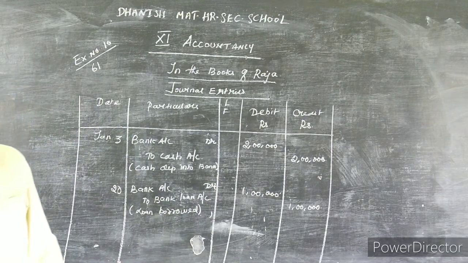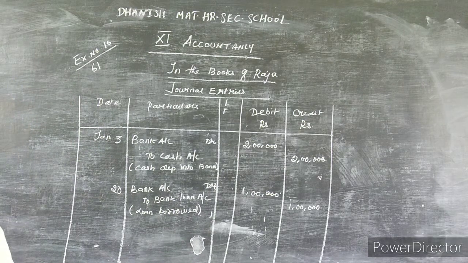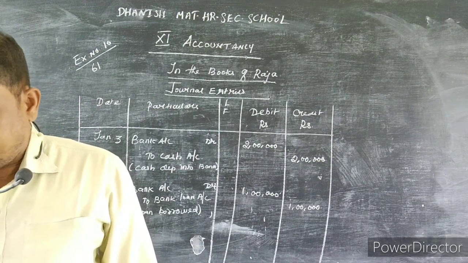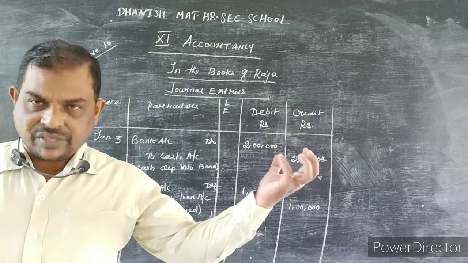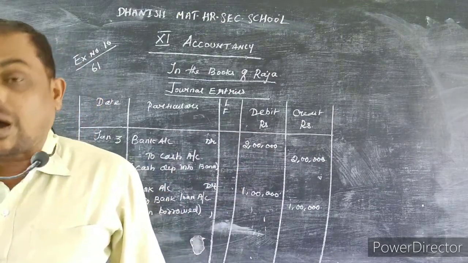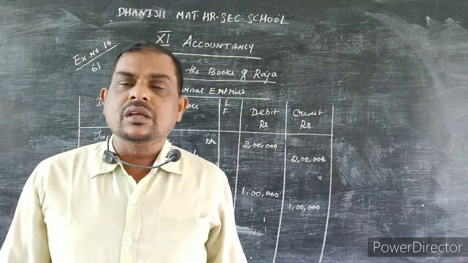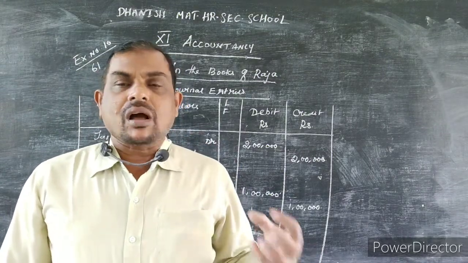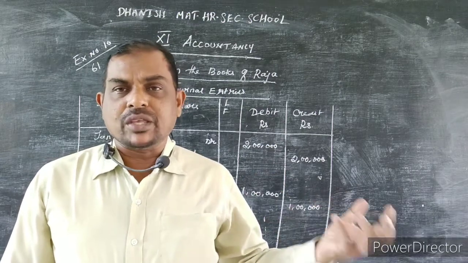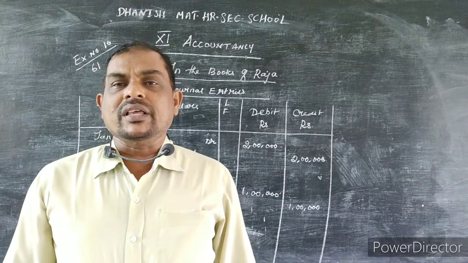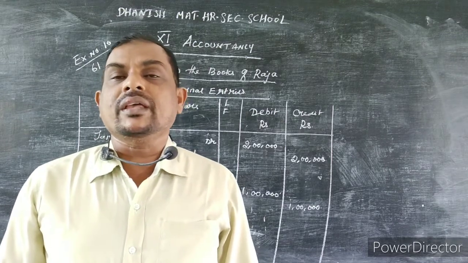Now let us see the next transaction. Withdrew from bank. Withdrew means cash is being taken from the bank for personal use. If the proprietor is taking cash or any goods from his business for his personal use, the account is commonly called drawings.